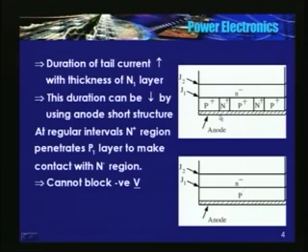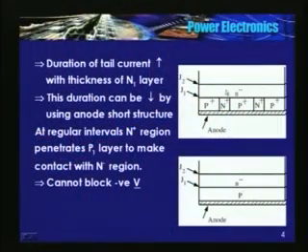See, N layer is penetrating at regular intervals in the P layer, and it is directly in contact with N minus layer. And because of this, the duration for which the tail current flows reduces.